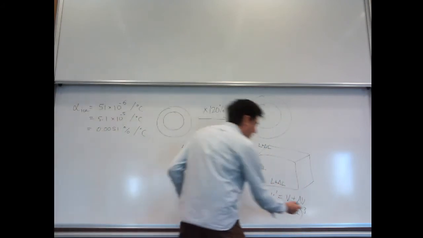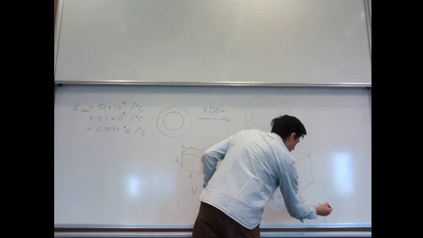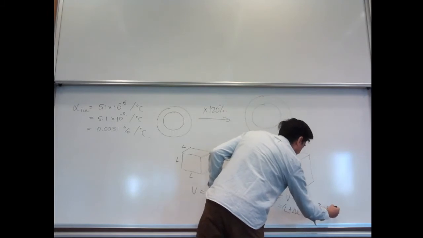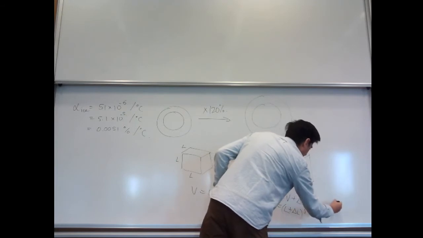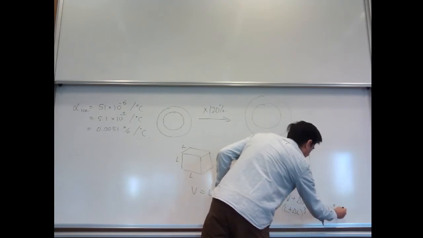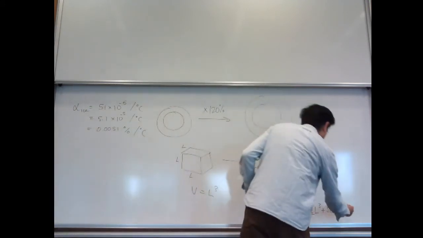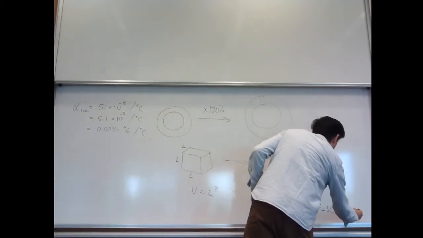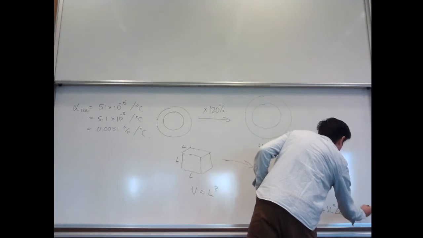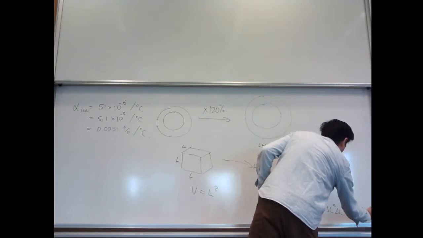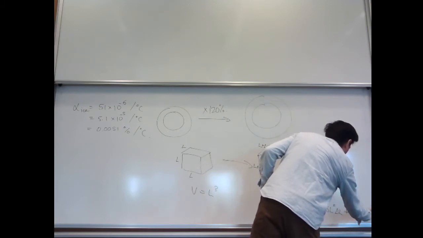Okay, now the new volume is going to be L plus delta L cubed. And if you expand this thing, it will be L cubed plus 3L squared delta L plus 3L delta L squared plus delta L cubed.